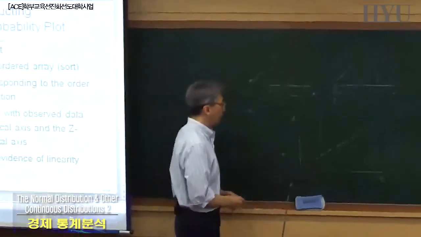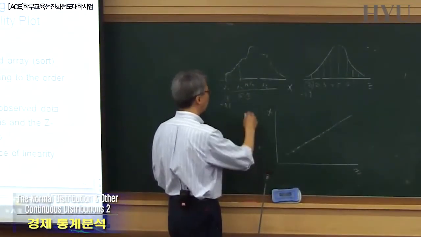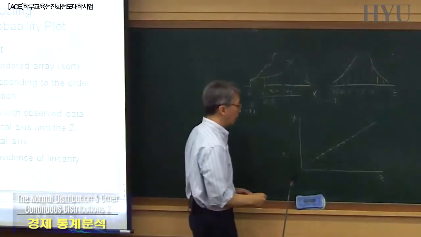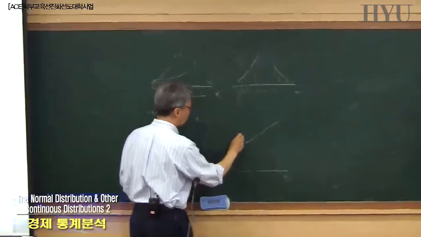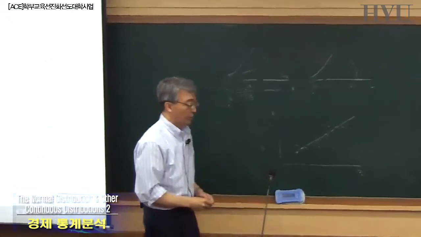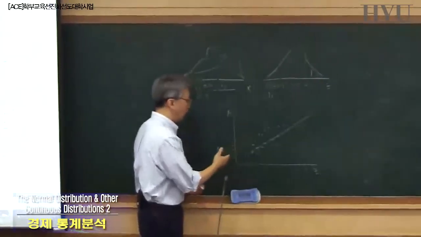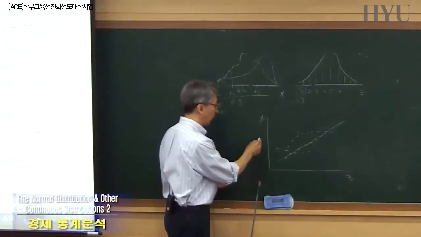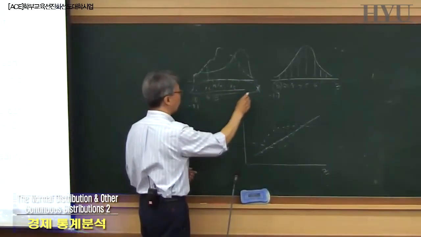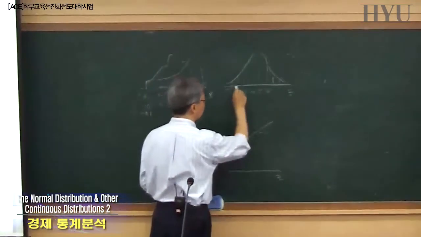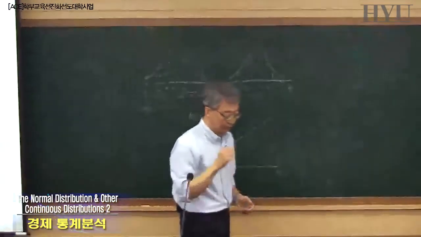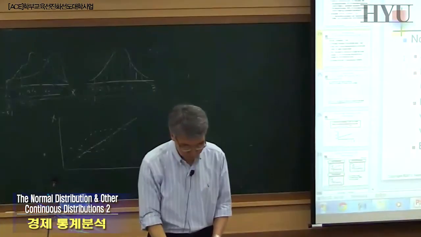Okay? If it's very weird, the distribution is not normal at all, right? Then this distribution will not look straight, either this way or this way, right? So by looking at the linearity of the scatter plot between x and z, we're trying to find out whether the distribution of x values is similar to normally distributed values, okay? That's the whole idea of the normal probability plot.